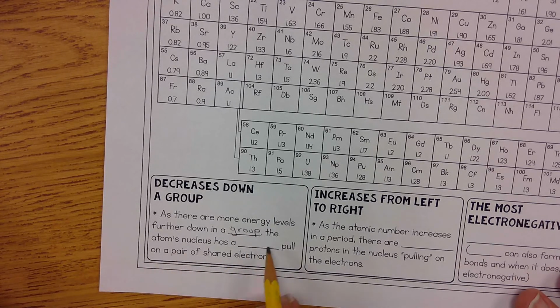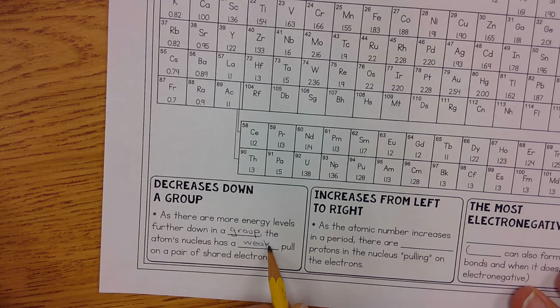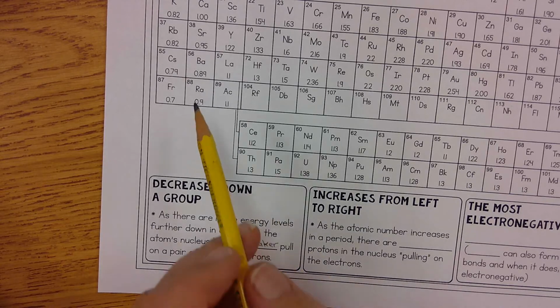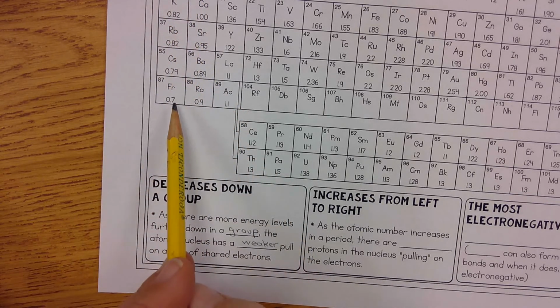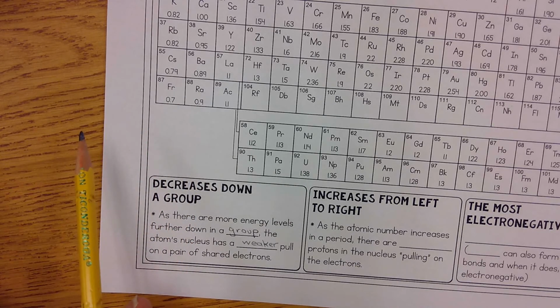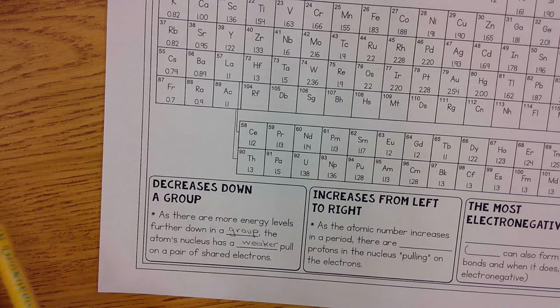And so the atom's nucleus has a weaker pull on the electrons. Remember that electronegativity is a tendency to want to grab onto the electrons. So as you go down, that tendency to hold on to them decreases because they're further away.